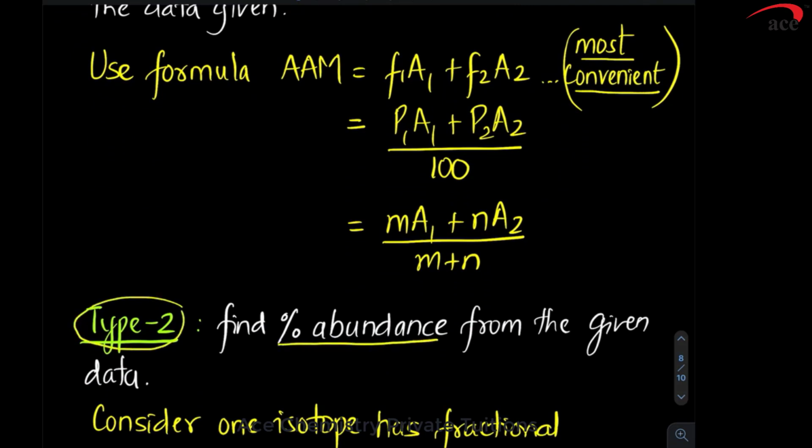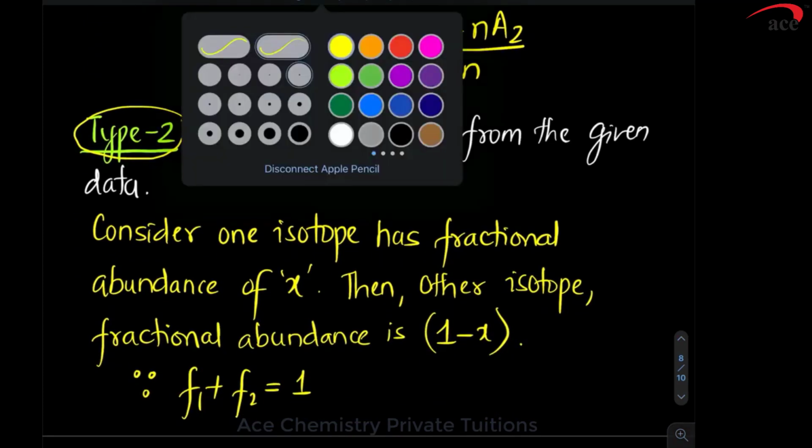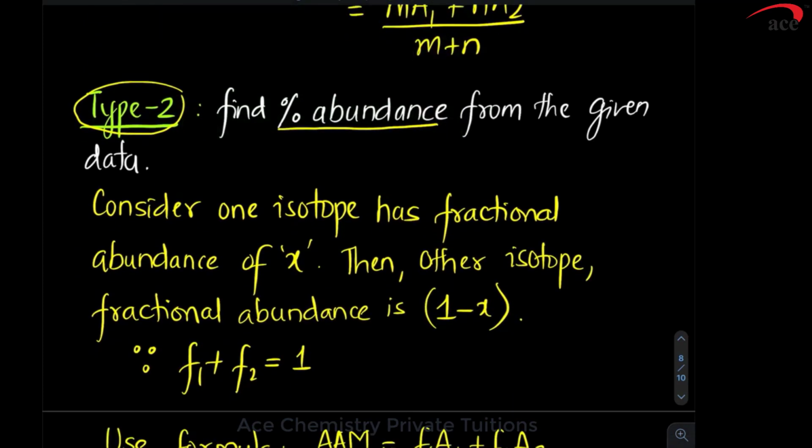Another type of numerical is where they give you all the data, but now they ask you to calculate percentage abundance. If such a question comes up, remember, take one fractional abundance as x. Yes, we are aware they ask you percentage. Still, we take fraction because it is convenient. Let one fraction be x.